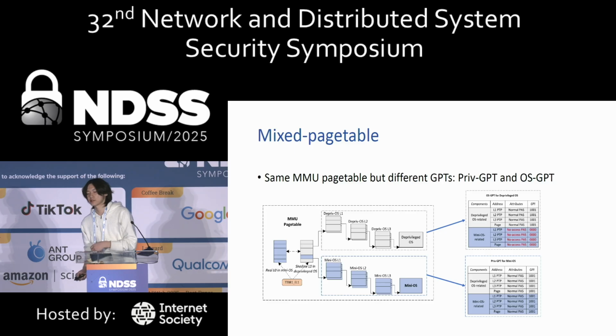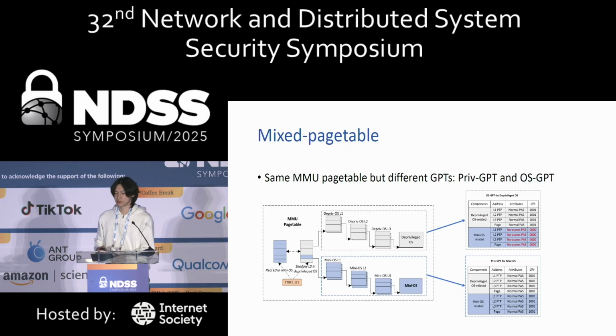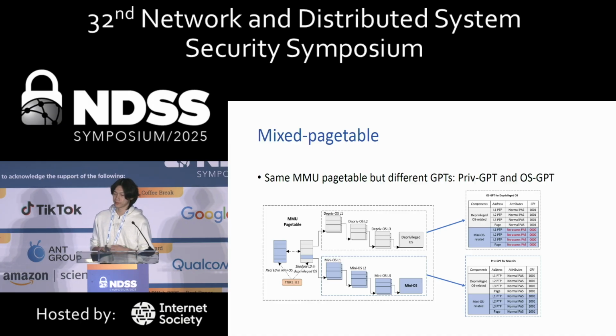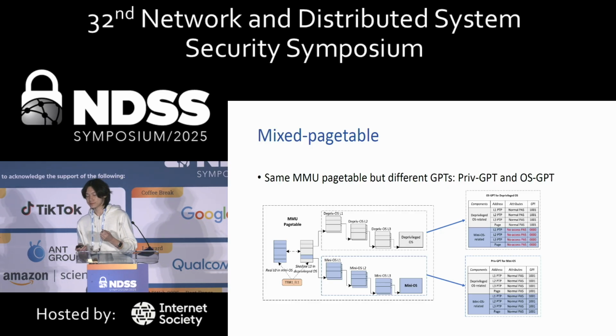Now I will introduce the mixed page table. We use the same MMU page table for all the components in our RContainer system, but we give them different GPTs, also with different L0 page table branches.